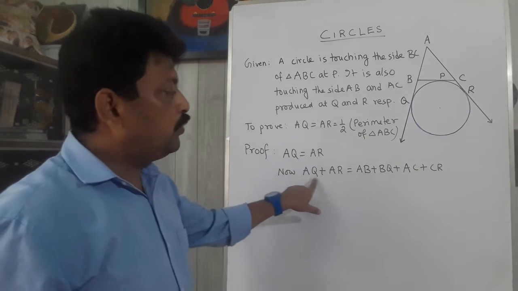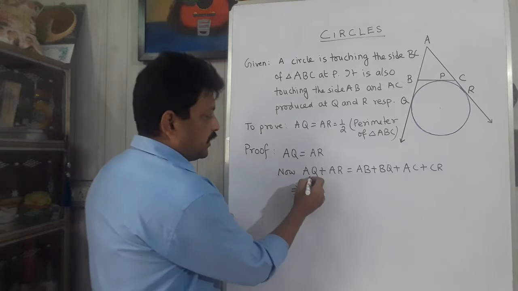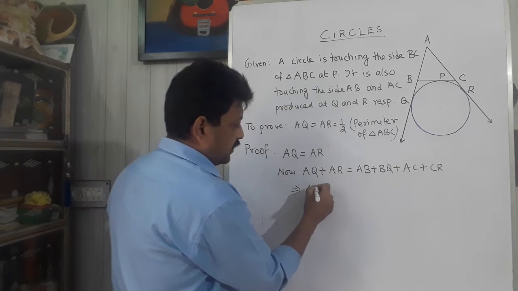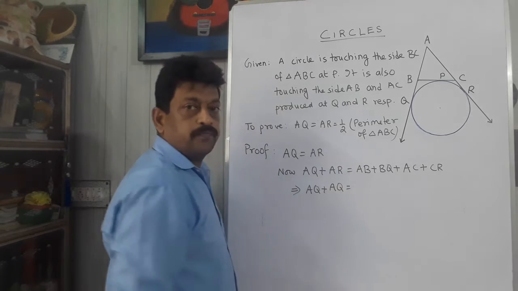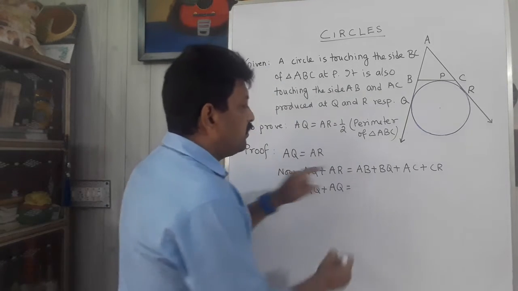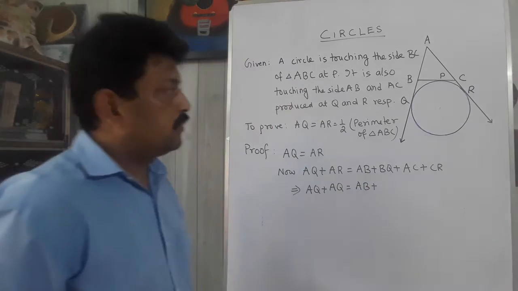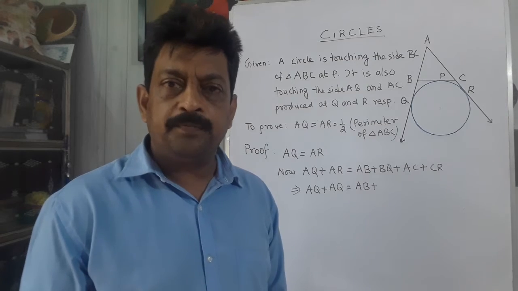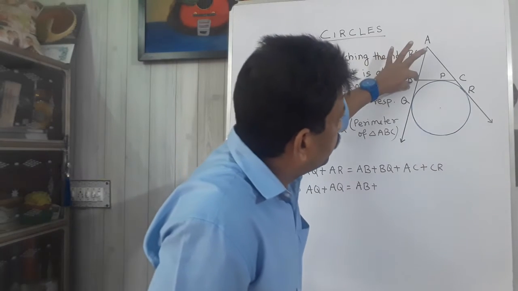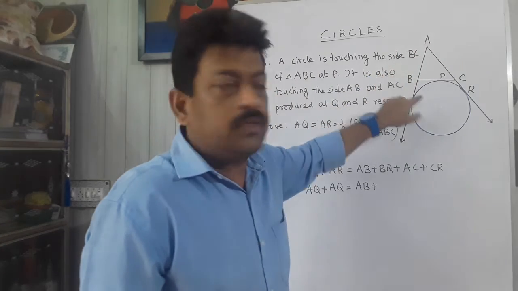Now since AQ and AR are equal, in place of AQ plus AR, I can write AQ plus AQ, and here AB will remain as it is. Now see, can we say that BQ and BP are equal? Why? Because from point B, BP and BQ are two tangents to the same circle.